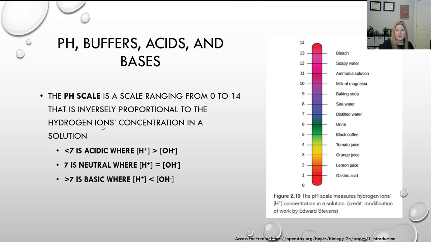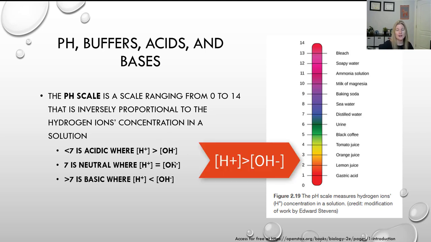Okay, so when we're figuring out if something is an acid or a base or if it's neutral, we have to look at the concentration of hydrogen ions to hydroxyl ions. So if the concentration of hydrogen ions is greater than the concentration of hydroxyl or OH negative ions, then we consider it acidic because it's less than 7 on the pH scale.